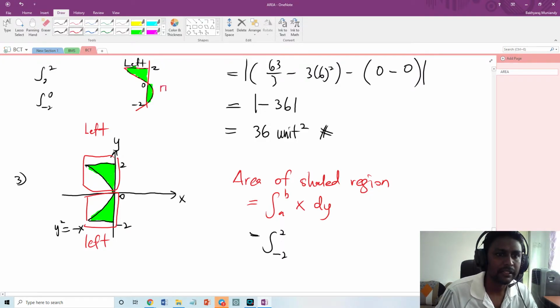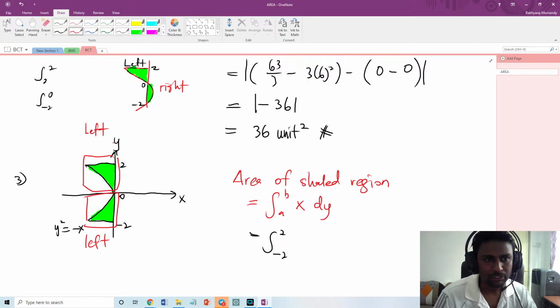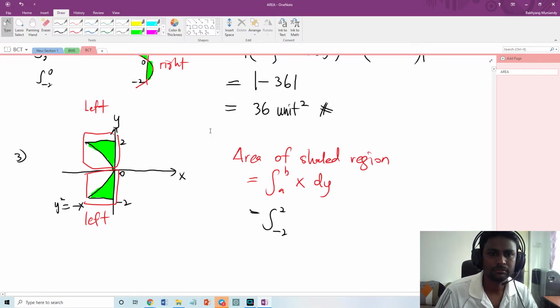So this one is right. So right means must separate. In our case, we don't need to separate because both are left. So this is what I really want you to concentrate on. Okay, faham? Okay. So now we can straight away put the formula.